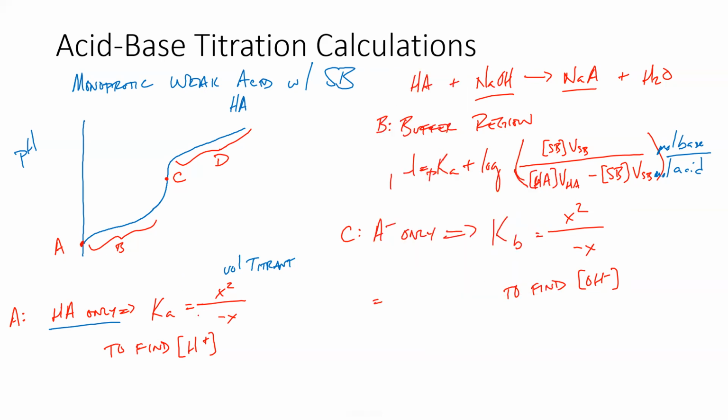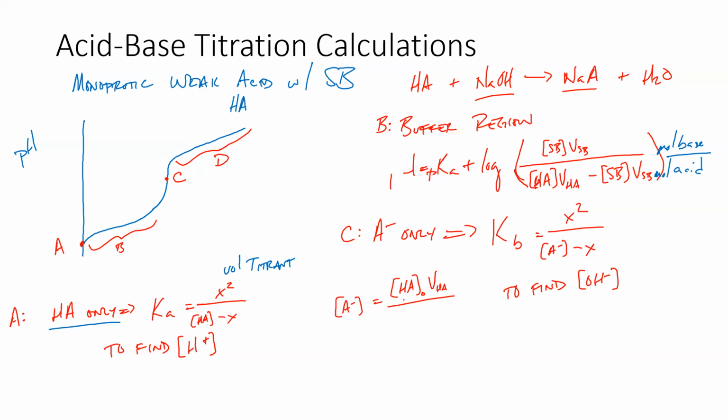So over here in my acid, I'm going to put concentration of HA. Here I'm going to put concentration of A minus. And so that concentration of A minus is equal to the moles of HA, which is the initial concentration of HA times the initial volume of the acid, divided by, now we're not adding or removing any moles, right?